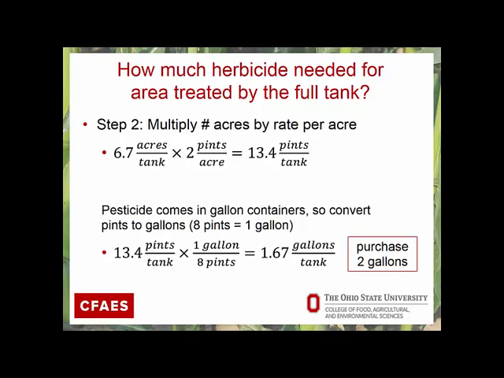You need to know that there's 8 pints per gallon. So 13 pints, there's 8 pints in a gallon, so you divide the 13 by 8, and the answer is 1.67 gallons per tank. So if you had to purchase this product in gallon-sized containers, you would need to get 2.